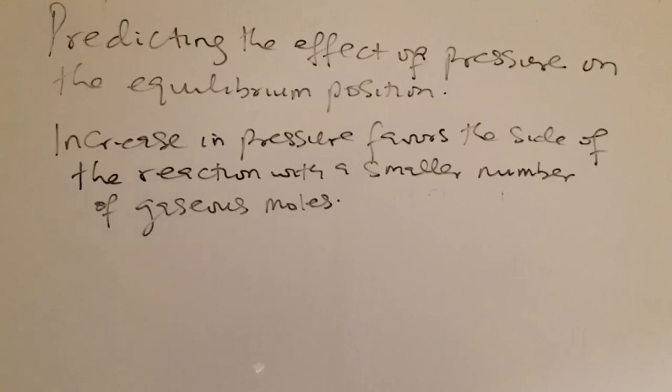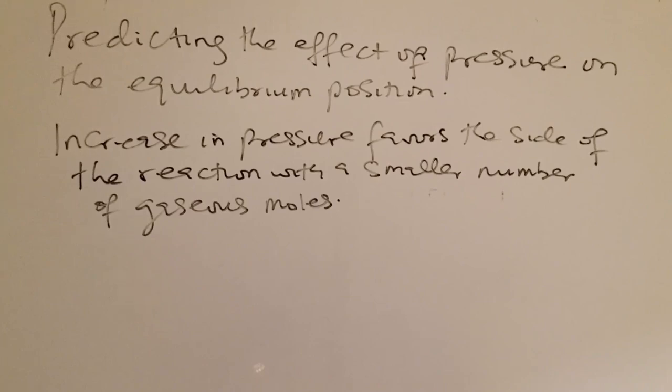So next, we are trying to predict the effect of pressure on the equilibrium position. This prediction is based on Le Chatelier's principle, which states that if an external constraint is imposed on a system at equilibrium, the equilibrium position will be readjusted in order to cancel the effect of that constraint.